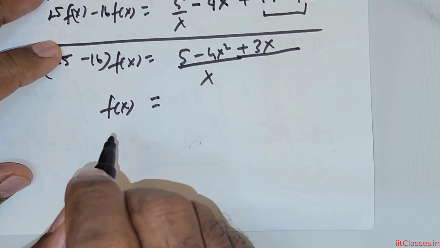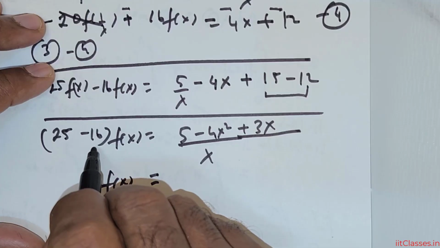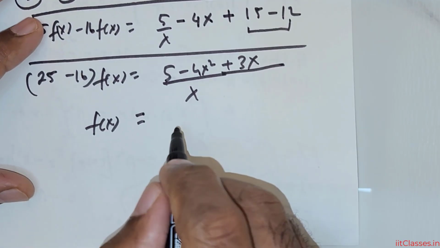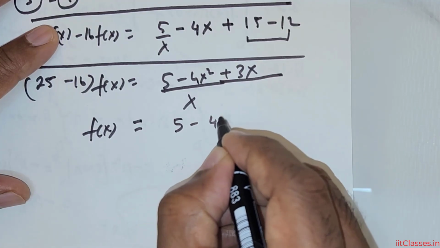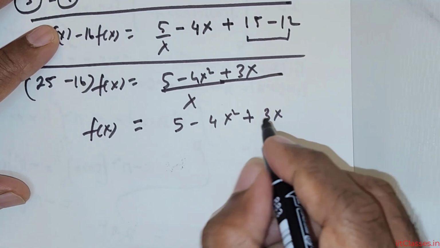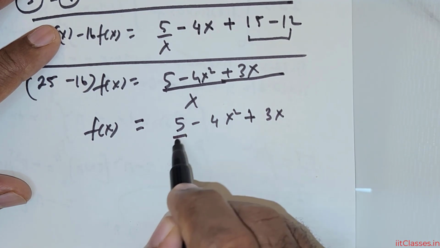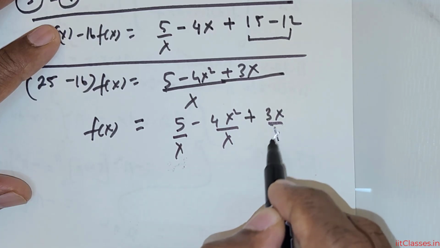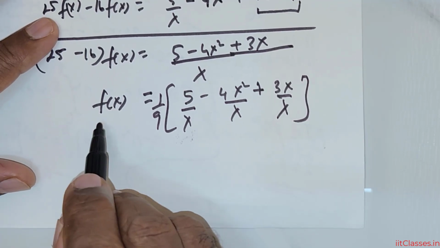So f of x is equal to, now 25 minus 16 will give you 9. So you bring this down here, you get 5 minus 4x squared plus 3x. In fact, instead of having x in the denominator, let me write it like this, and then you have 1 over 9. So this will be my f of x.